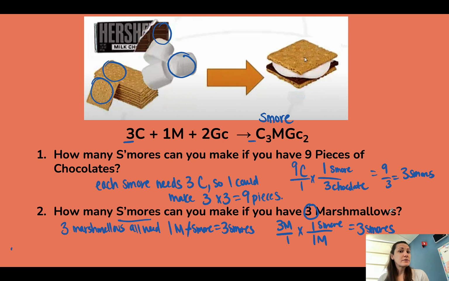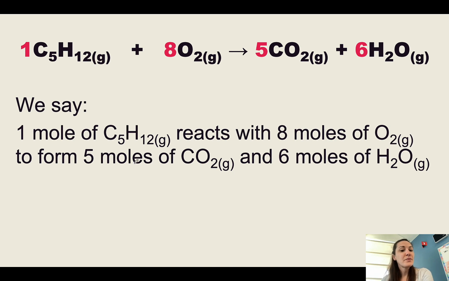We're going to do the same sort of thing, but this time with elements, compounds, and real chemical reactions. So we say that 1 mole of C5H12 reacts with 8 moles of O2 to form 5 moles of CO2 and 6 moles of H2O. The numbers out in front are called coefficients, and they tell us how many units, in this case moles, there are of something.